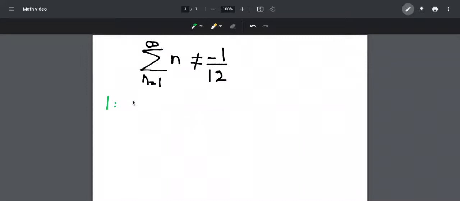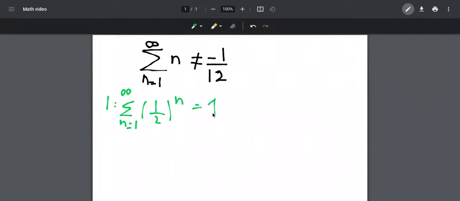So for example, if we have the series from n equals 1 to infinity of 1 over 2 to the n, we know by the geometric series that it would be equal to 1 over 2 over 1 minus 1 over 2, which is 1.